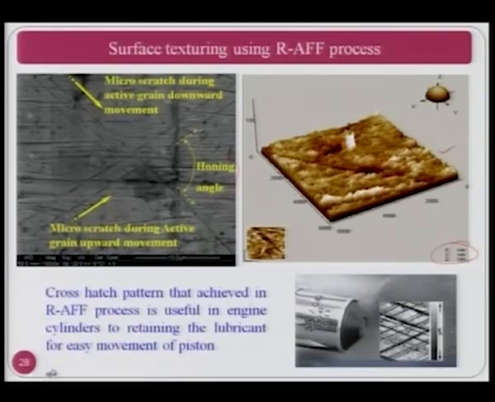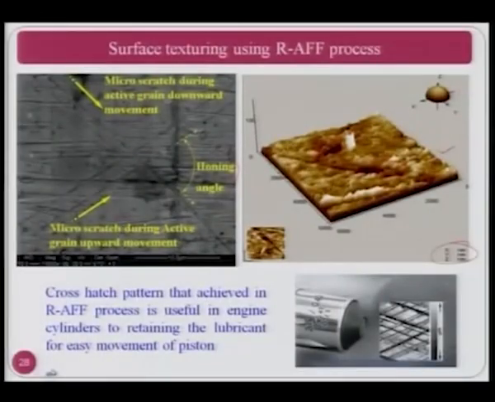The cross hatch pattern that is achieved in the RAFF process is useful in engine cylinders for retaining the lubricant for easy movement of the piston, because in certain applications we want the lubricant to be retained at the interface of the two moving bodies, say piston and cylinder.